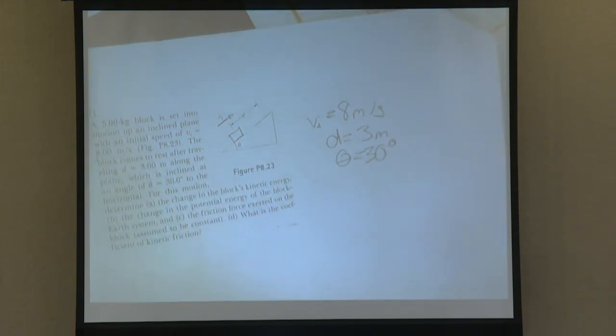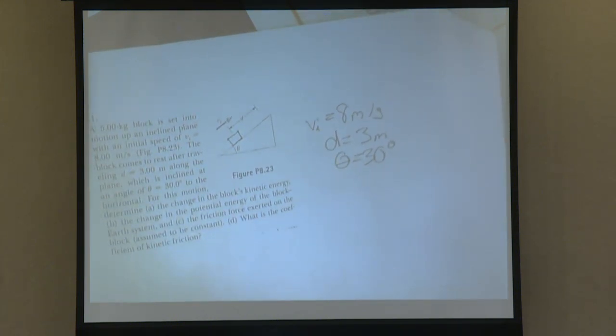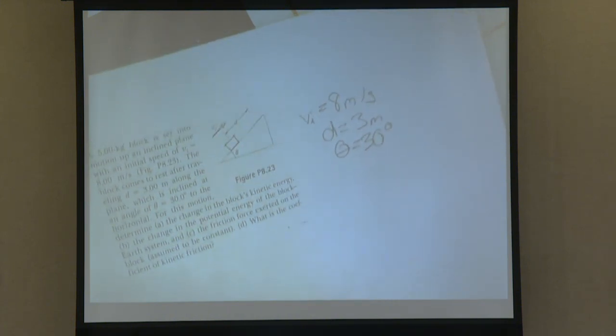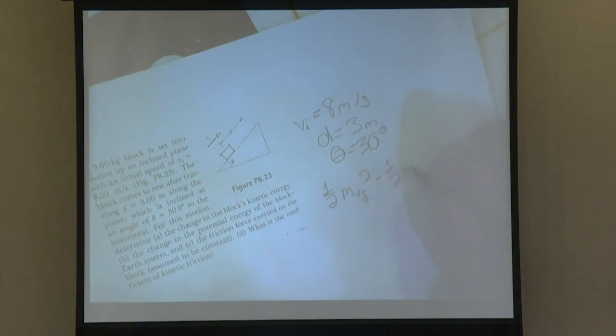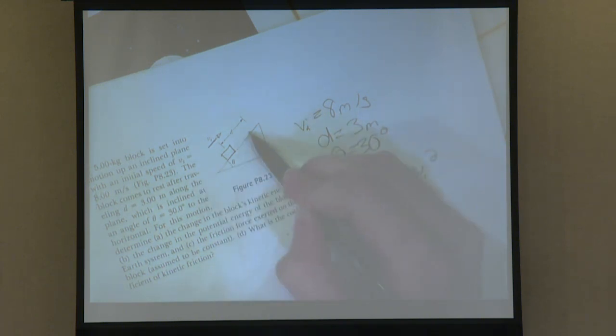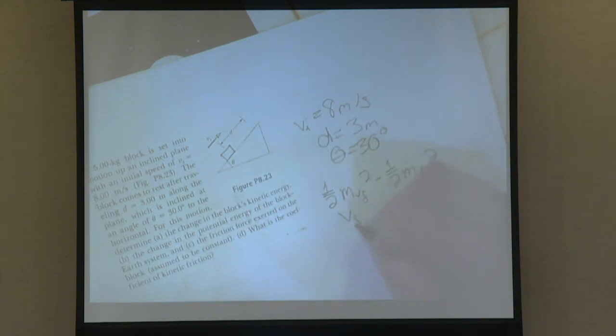So we're looking first for the block's kinetic energy and then its potential energy. First, in order to find its change in kinetic energy, we're doing 1/2 mvf squared minus 1/2 mvi squared. It comes to rest after it reaches this distance, so that means our vf is going to be equal to 0. So this entire part is going to be equal to 0.